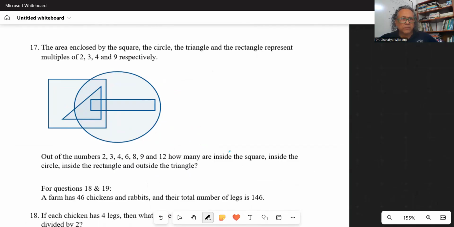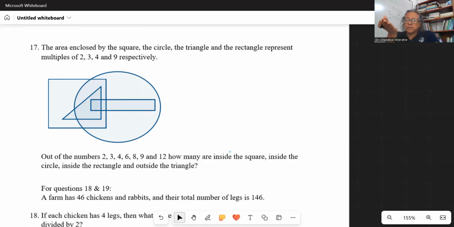Represent multiples of 2, 3, 4, and 9 respectively, right? And the question is, out of the numbers 2, 3, 4, 6, 8, 9, and 12, how many are inside the square, comma, inside the circle, comma, inside the rectangle, and outside the triangle?